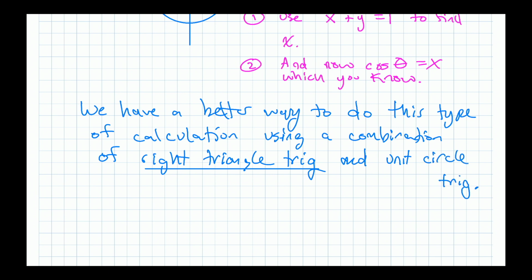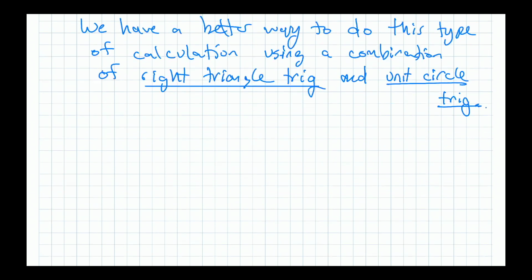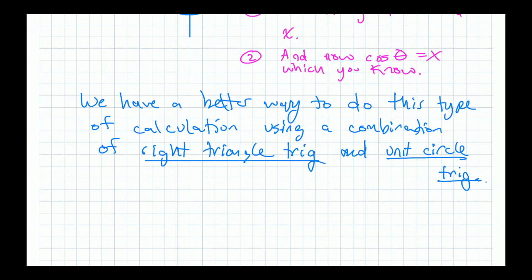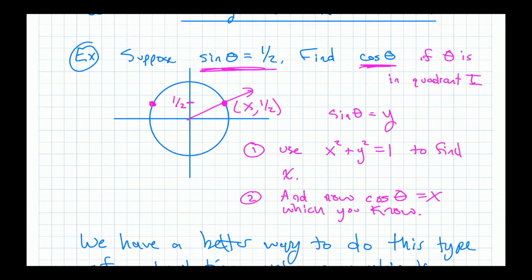So we have two kinds of trigonometry, and we want to combine them. And the easiest way to do this first part, if you have a sine and you want the cosine, is not to use x squared plus y squared equals 1 and that kind of stuff. It's actually easier to use a right triangle.